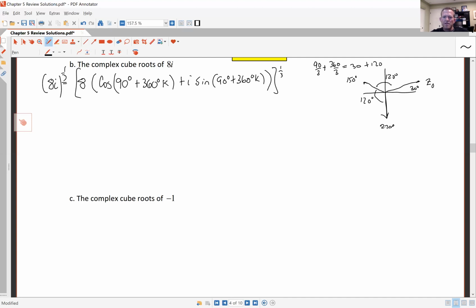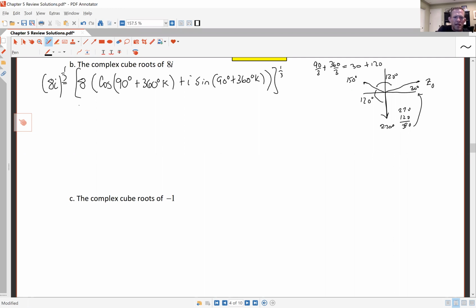And 270 plus 120 is 390. So something seems a little bit weird here. And then the 270 plus the 120 is 390, which is the 30. Okay, so we got them all pinned down: 30, 150, and 270.